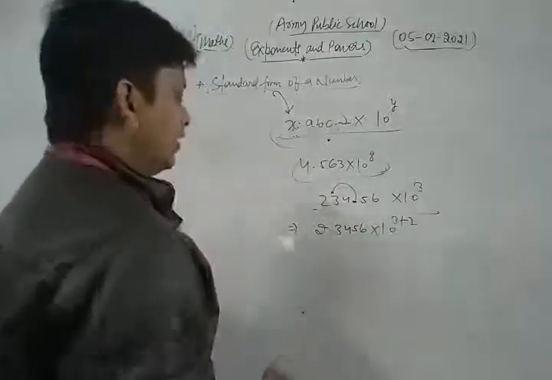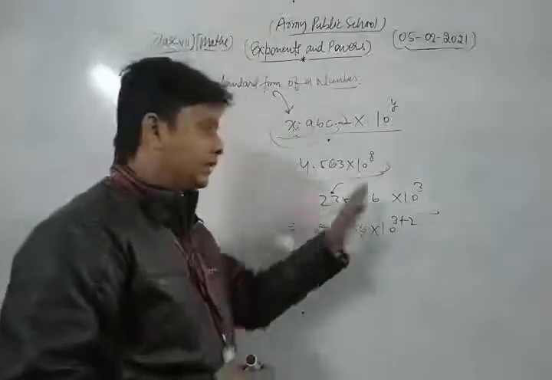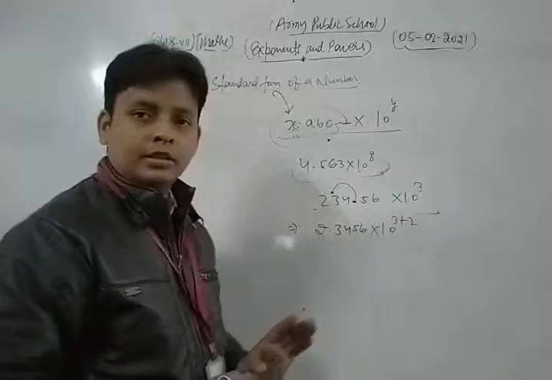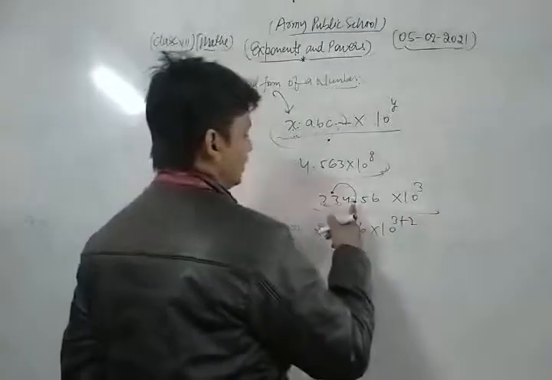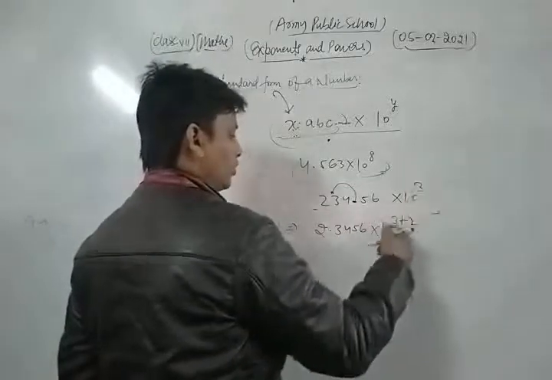When we go to the left, then we add in the power of 10. If we go to the right, then we subtract in the power of 10. Here we moved the decimal 2 positions left, so we add 2 in the power of 10.